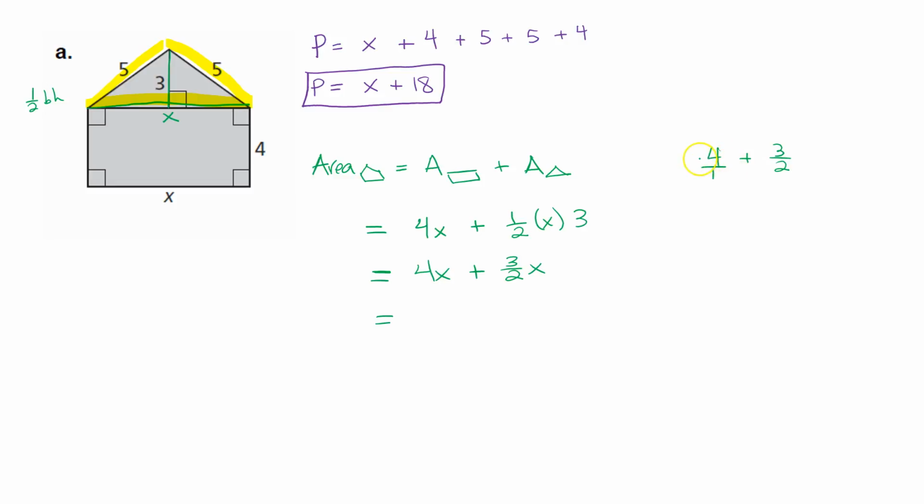And if we multiply the top and bottom by 2, we get that that's 8/2. So 4 is the same as 8/2. So 8/2 plus 3/2 is 11/2. So this is 11/2 x for the area of the big house shape.